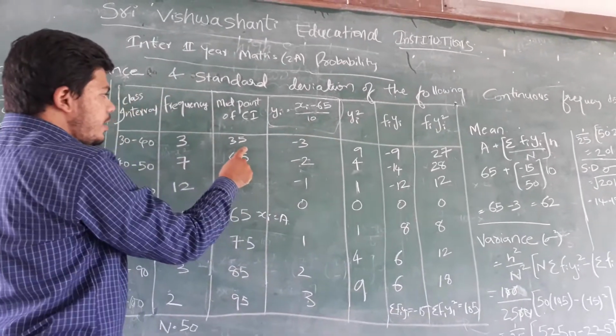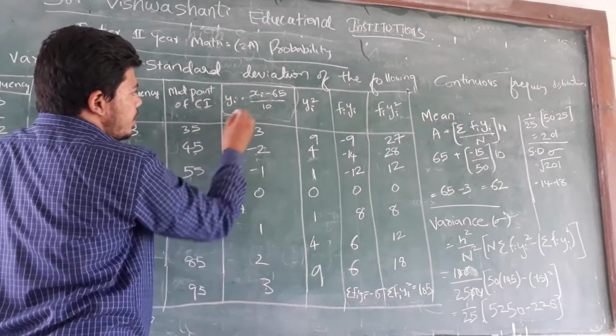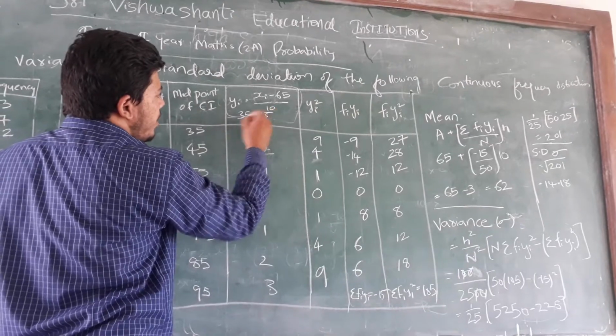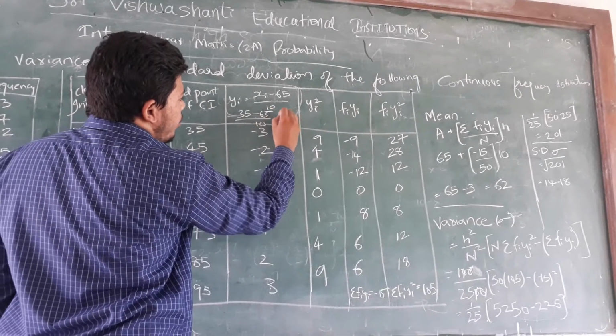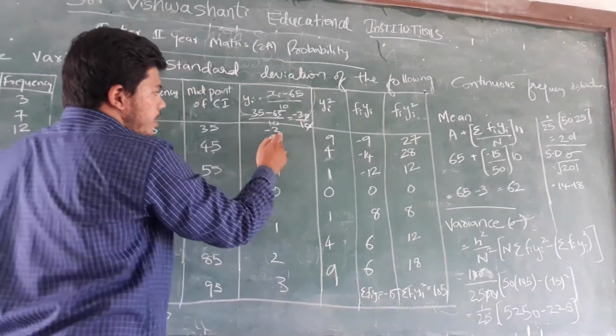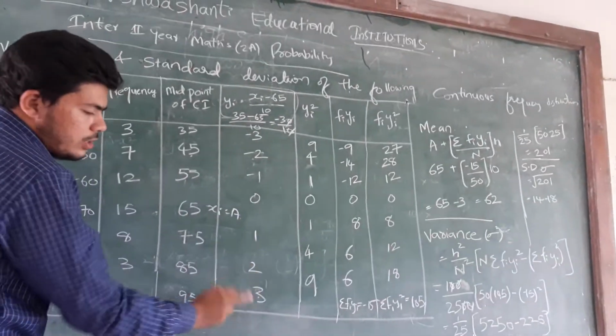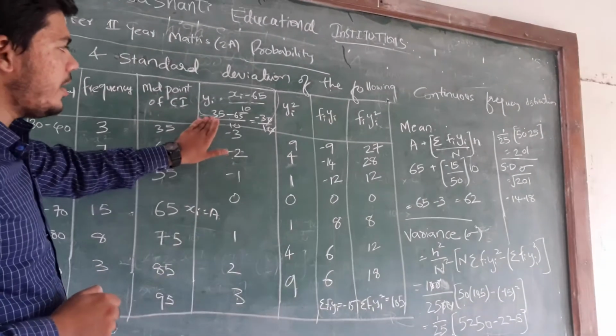So 35 minus 65, by 10. That is minus 30 by 10, the 0s get cancelled, so minus 3. In the same way, here we will get minus 2, minus 1, 0, 1, 2, 3. This is the yi.